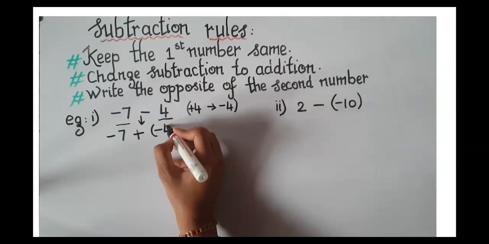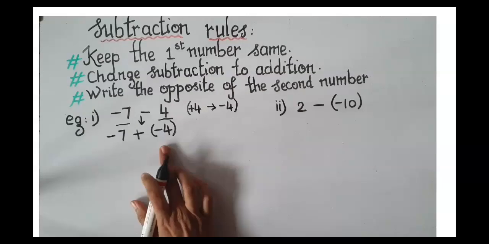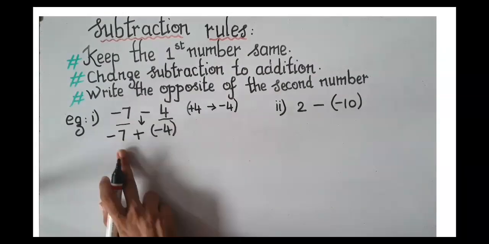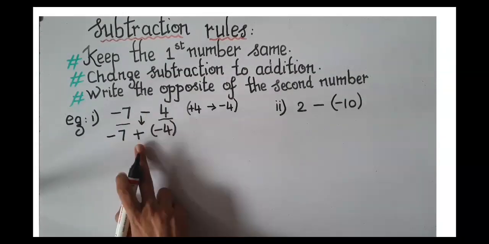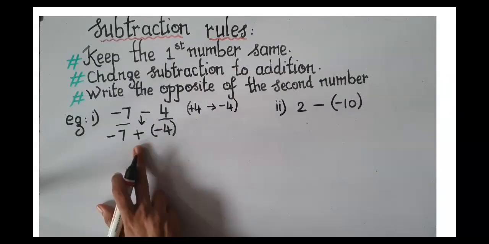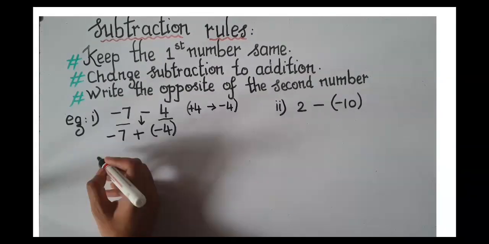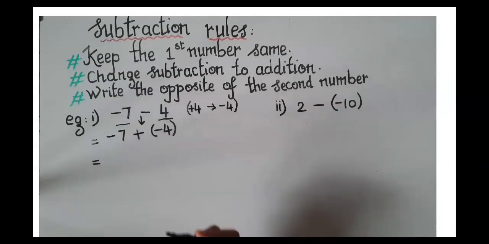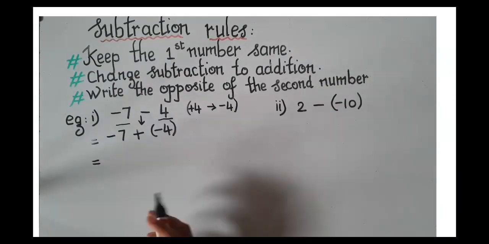That is -4. Okay. Now the last step is using the rules of addition. You can see how I have changed the sum. Keep it, change it, and opposite it. Now in addition rules, you have both the addends having a negative sign, -7 -4.